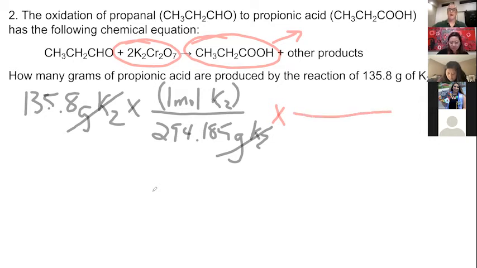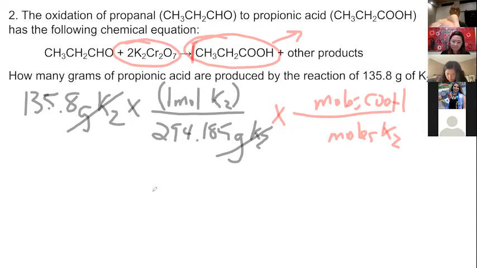So what I want is moles of propionic acid. And what I want to get rid of is moles of the potassium salt. In order to do that, I look at my balanced equation and I see what the ratios are. What are the molar ratios? Well, for every 1 mole of acid that comes out, 2 moles of potassium salt went in. So 1 to 2.